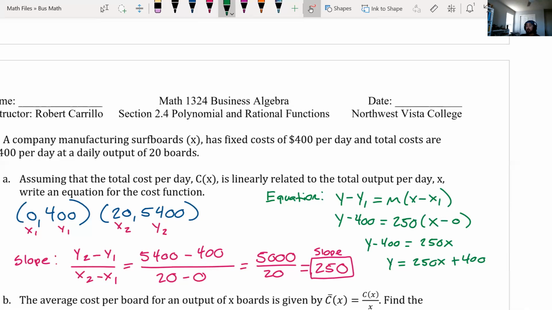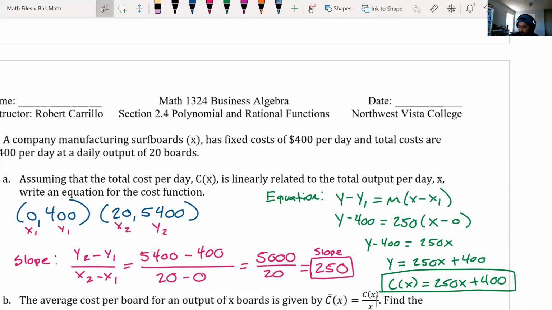And there's the equation of our line with the given information from the problem. This wants us to write it as a cost function. So all we're going to rewrite it as is C of x equals 250x plus 400. All right, there's step A.